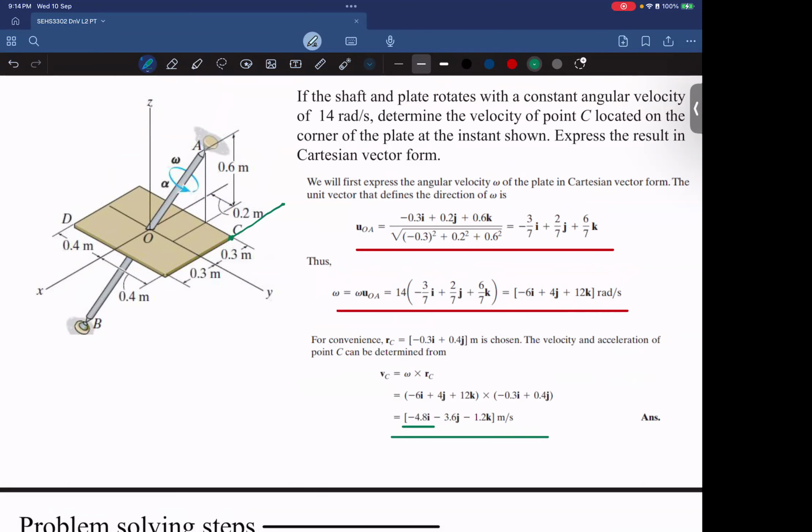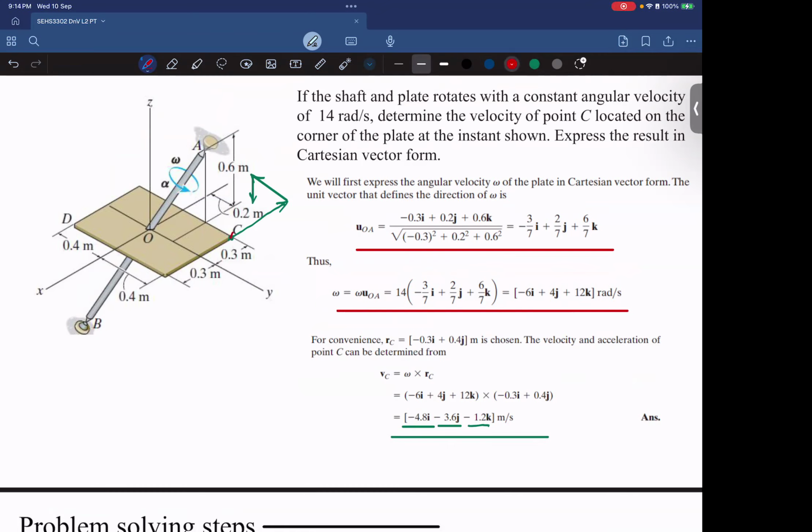Okay, 4.8 I minus 3.6 J. So minus 3.6 J is in this direction, right? And then minus 1.2 K. Finally, along C direction, minus 1.2 K. So finally, we have this direction.